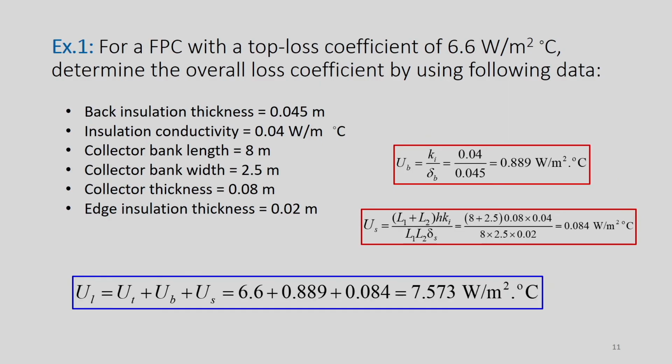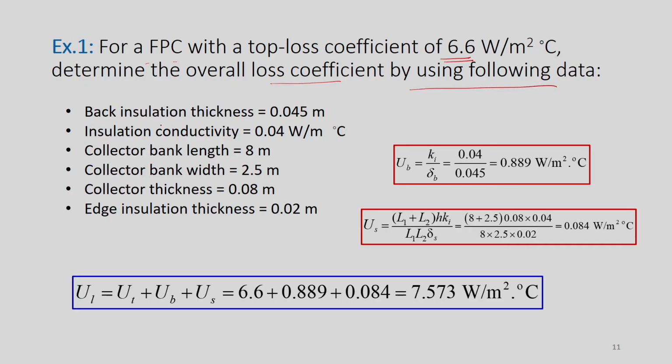Now, let us take a very small problem. Say, for an FPC with a top loss coefficient of 6.6 watt per meter square per degree Celsius, if we are interested to determine the overall loss coefficient by using the following data, then how to do it?